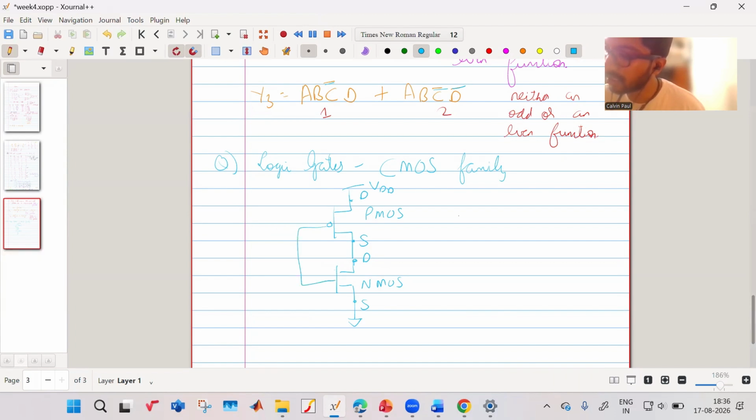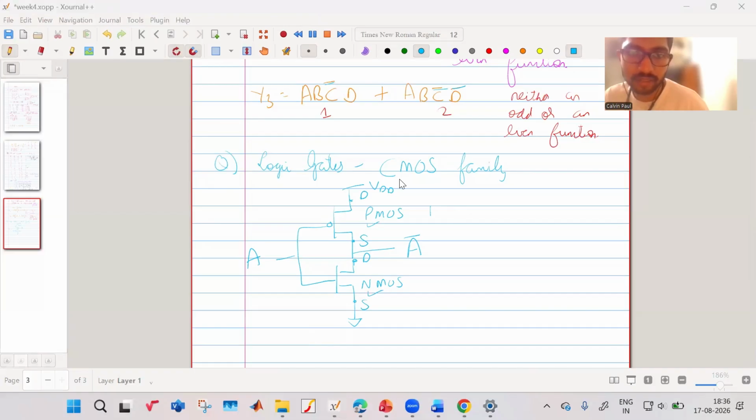This is the gate of this, gate of this. They are connected in this case, okay? And this is the output. So this is your input A, and this will be your output A bar, okay? It is the complementary. So that's why this is CMOS. So this is your PMOS part, this is your NMOS part, okay? So the CMOS family has various advantages. That is, it's very easy to manufacture and its static power consumption is low, all right?